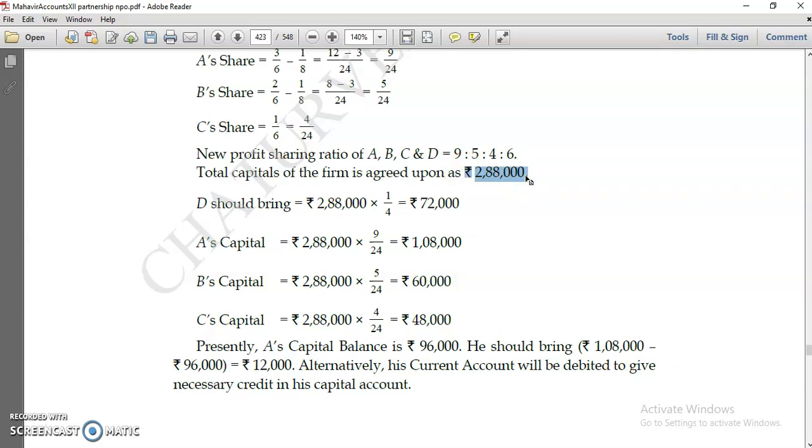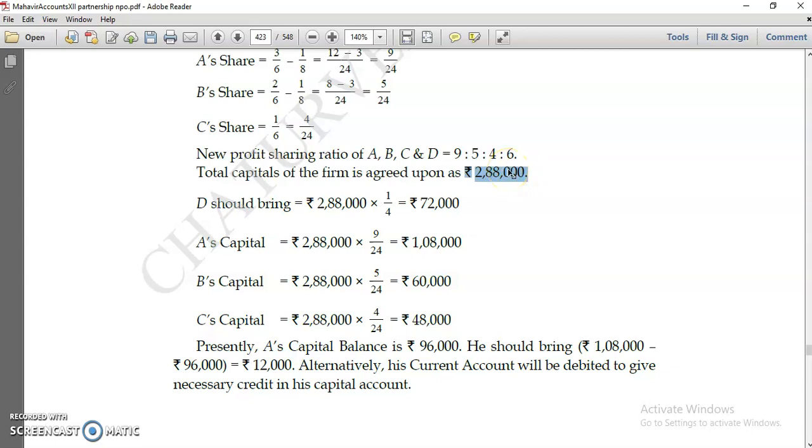Yes, share of new partner's capital multiplied by his reciprocal share. I explained in the last video that if the new partner's capital is 50,000 and his share is 1/5, what will you do? 50,000 multiplied by 5 by 1 if it is not given.